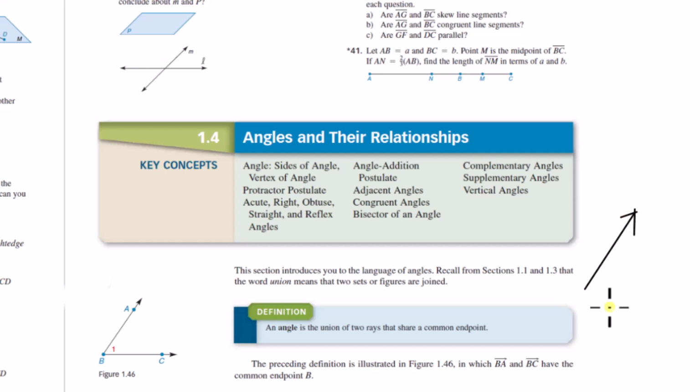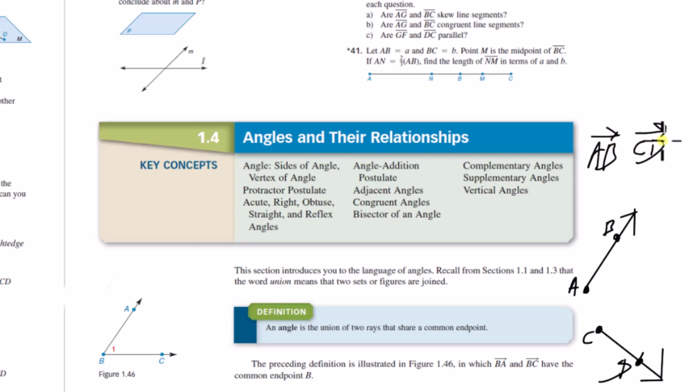There's a ray, there's a ray: A, B, C, D. We've got ray AB and ray CD. There are two rays. It's the union of two rays, so we could say ray AB union with ray CD. That would be this entire ray plus this entire ray.